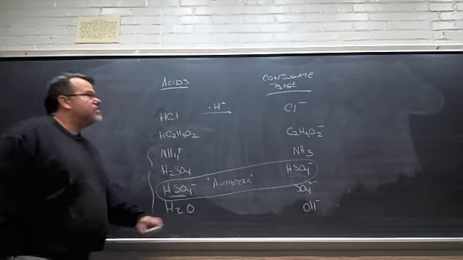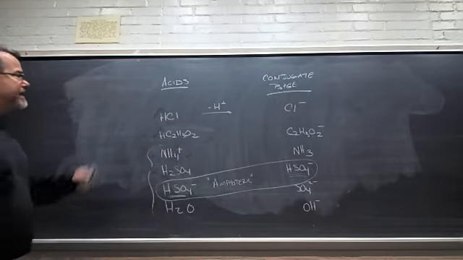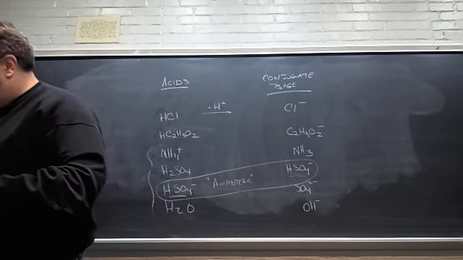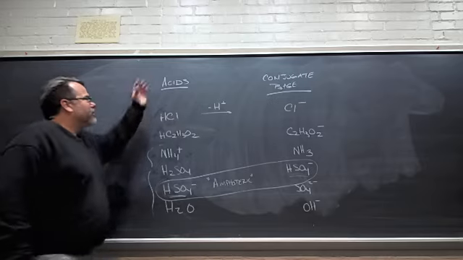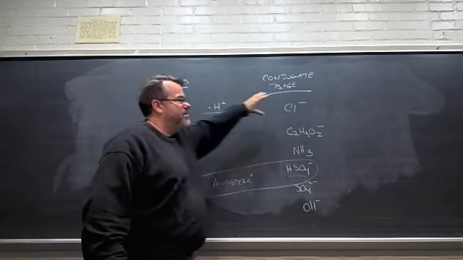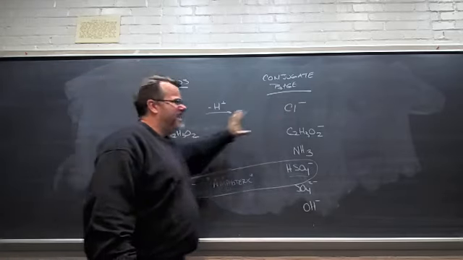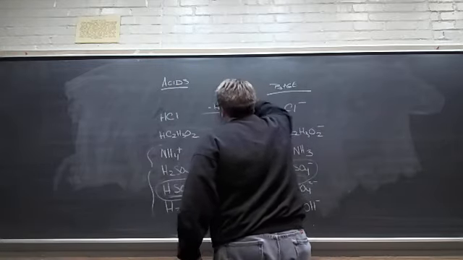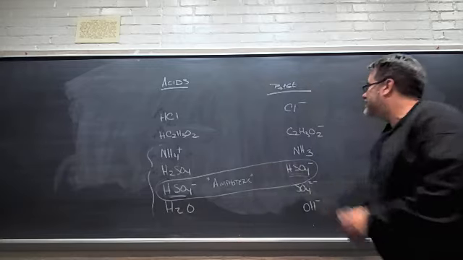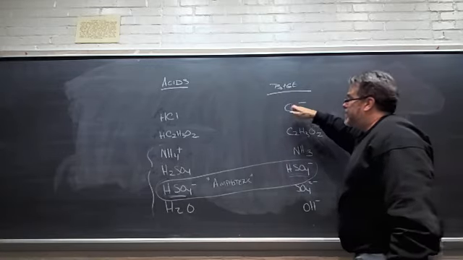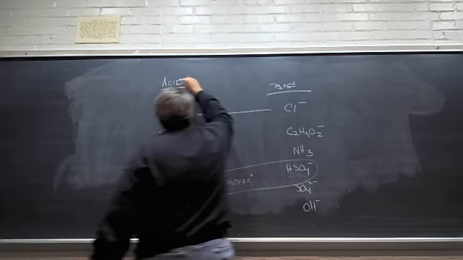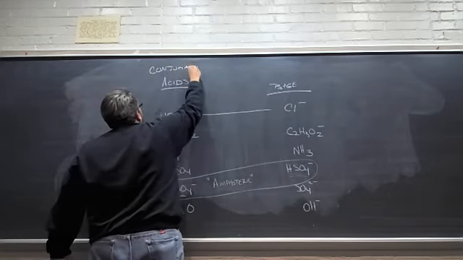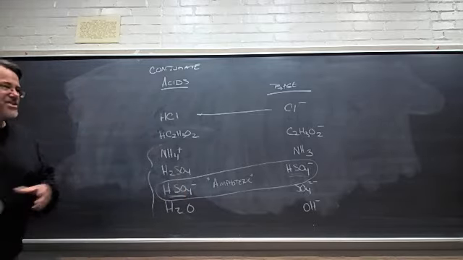Okay. All right. Now, I guess I'll also mention the term conjugate base. It's a relative term, right? So if we call this the acid, this is its conjugate base. If we call this the acid, this is its conjugate base. But just depending on how we were focusing on things, we could say chloride is a base, and HCl is its conjugate acid.